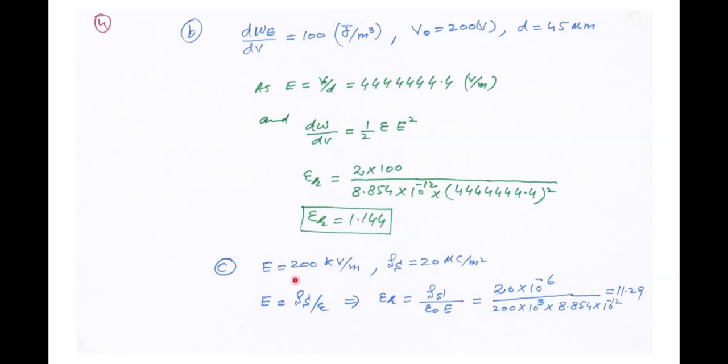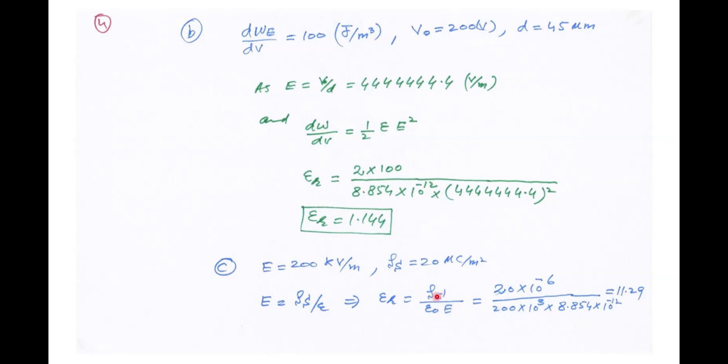In part C, we are given the electric field, which is 200 kilovolt per meter. The surface charge density is 20 microcoulomb per square meter. As we know, the electric field due to a sheet is given by rho s, the surface charge density, divided by the permittivity of the insulating material. From this relation, we can write the relative permittivity equal to the surface charge density divided by the free space permittivity times the electrostatic field.